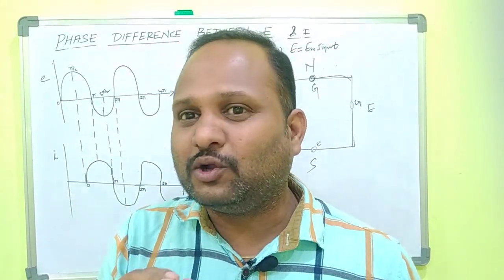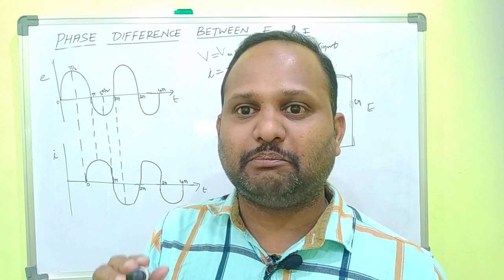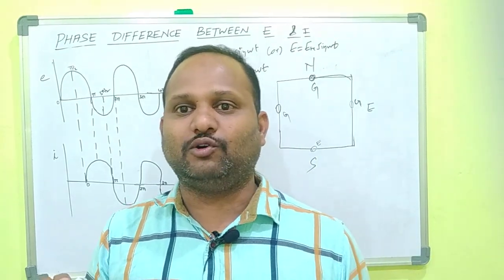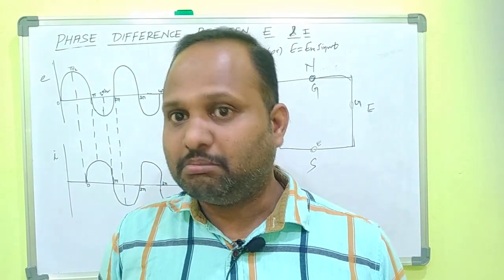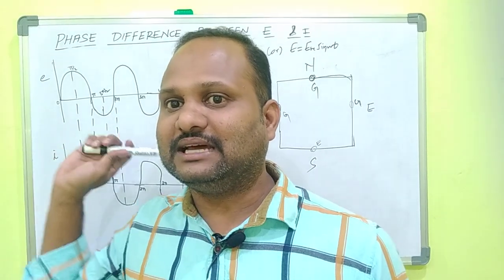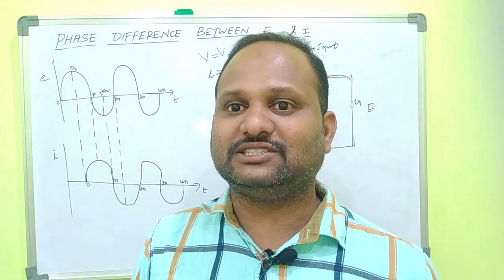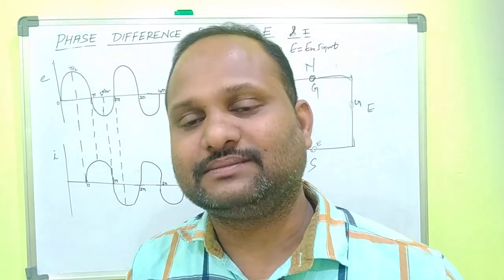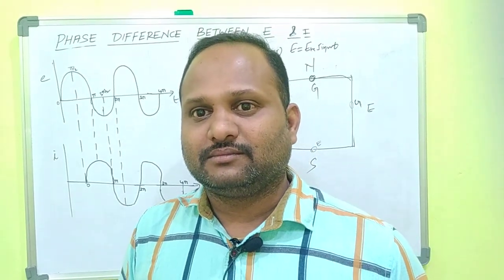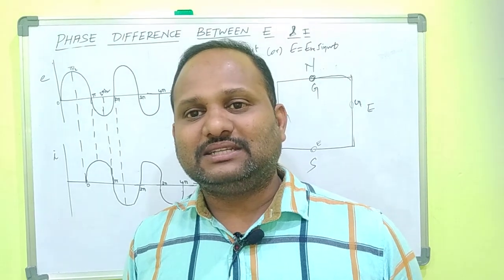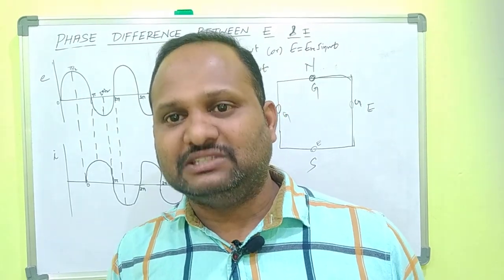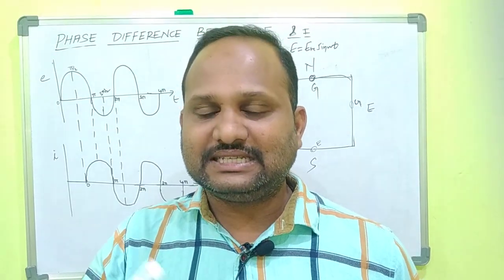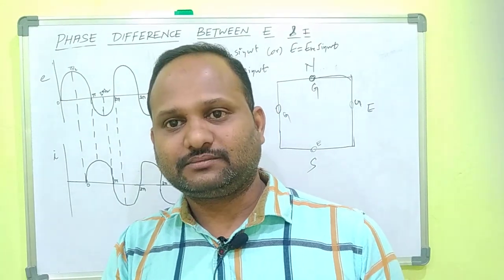So current follows the same way as the applied alternating EMF, but there is some difference in the pace. What is the reason behind this pace difference?